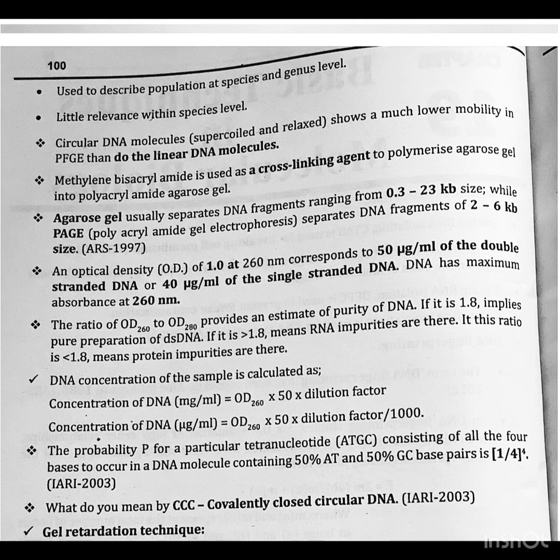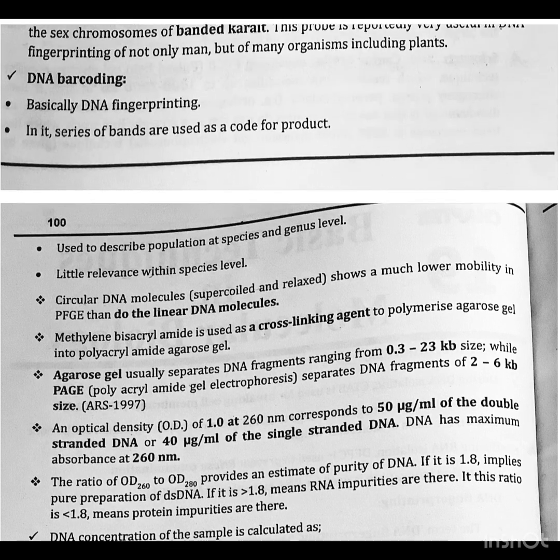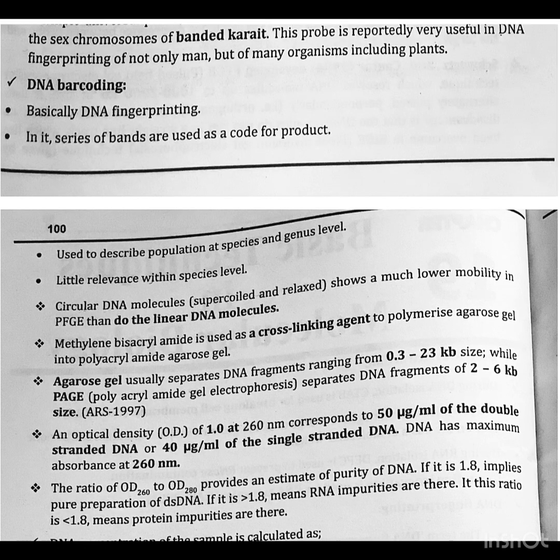Circular DNA molecules, supercoiled or relaxed, show a much lower mobility in PFGE than do linear DNA molecules. This question was asked recently in the IARI JRF SRF 2025 exam. Also the question in JRF 2025 is that DNA barcoding is also known as DNA fingerprinting.